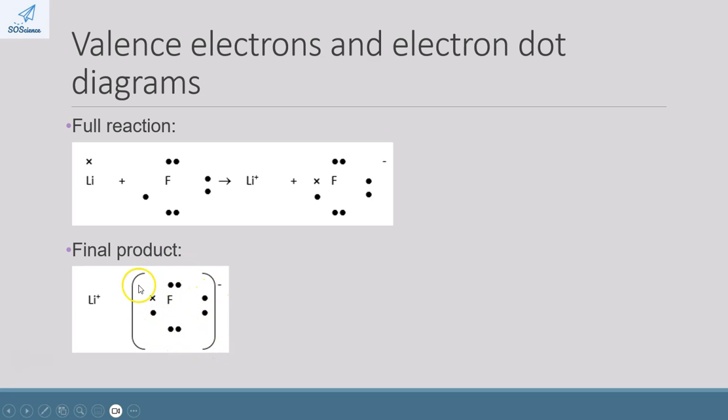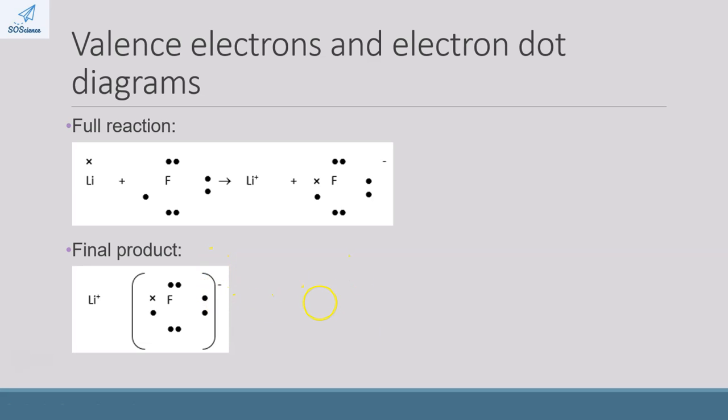We have to show all the valence electrons around the negative ion. Now remember that the negative ion is going to be fully surrounded with 8 valence electrons. The positive ion is going to have no valence electrons around it, always. We have to indicate the plus here. We have to indicate the minus outside of the square bracket.